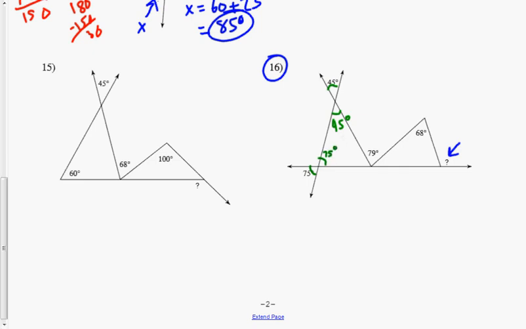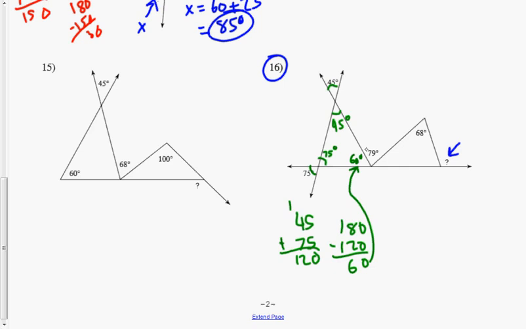Now, if we have a 45 and a 75, I'm going to add those up and take it away from 180 to find the third angle in that triangle. So that's 120 degrees, and 180 minus 120 is 60. That means that this angle is 60 degrees.